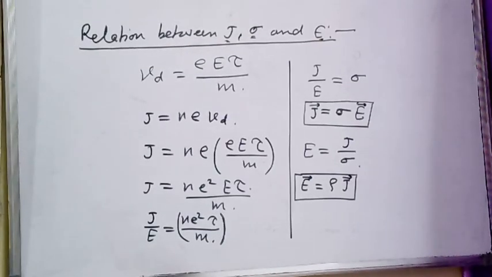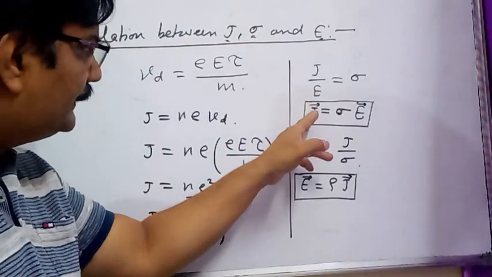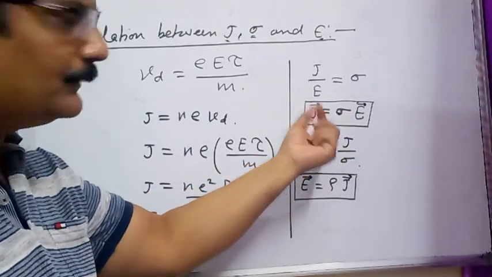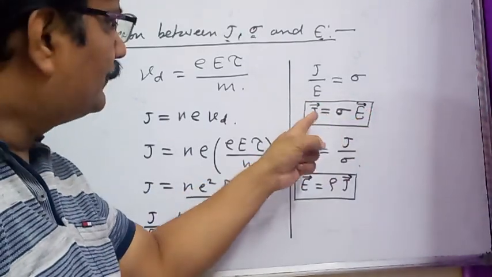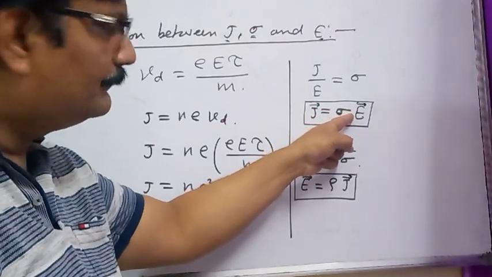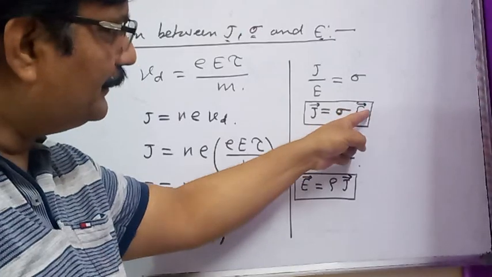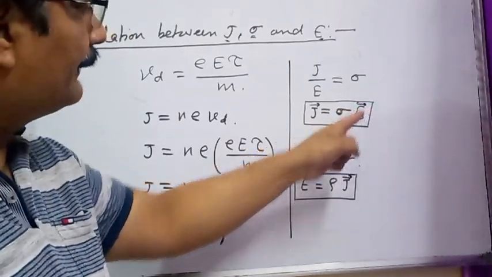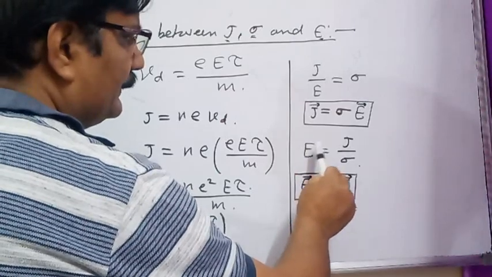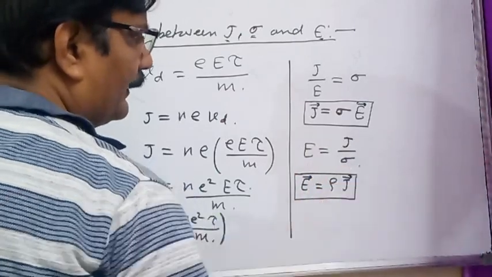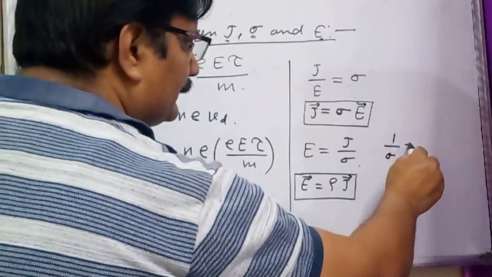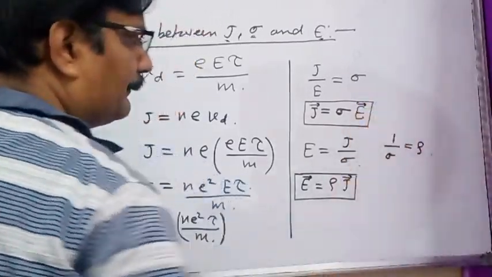As you know, current density J and electric field both are vector quantities. So vector J can be written equal to the product of conductivity of the material multiplied by electric field vector. So if we solve this relation for E, you can get E is equal to J divided by sigma, and we know that the reciprocal of conductivity is equal to resistivity of the material.